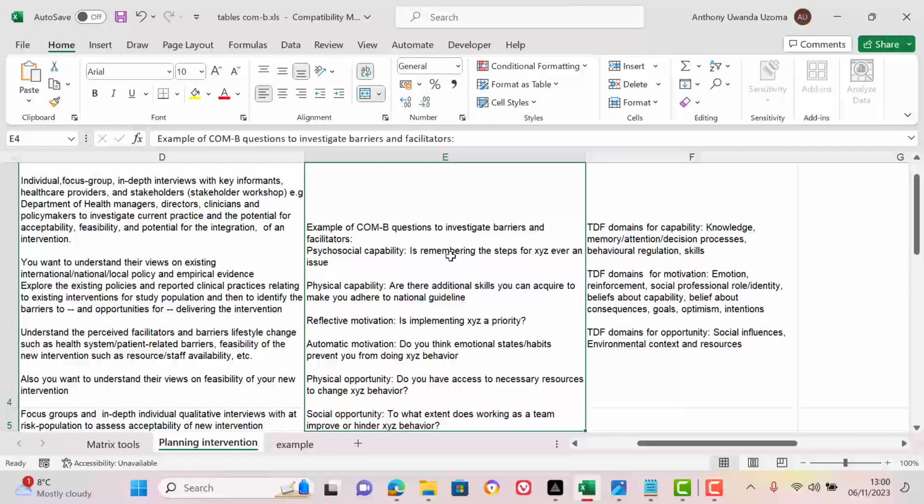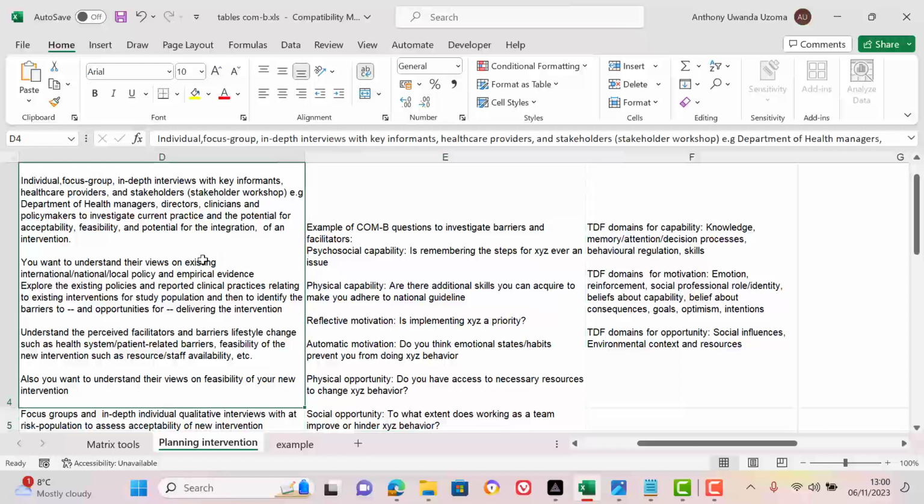Let's say remembering your antenatal appointments, is that a problem? Or what are the challenges you have in attending your antenatal visits? For physical capability, you can ask questions like, are there any additional skills you need to adhere to the guidelines?